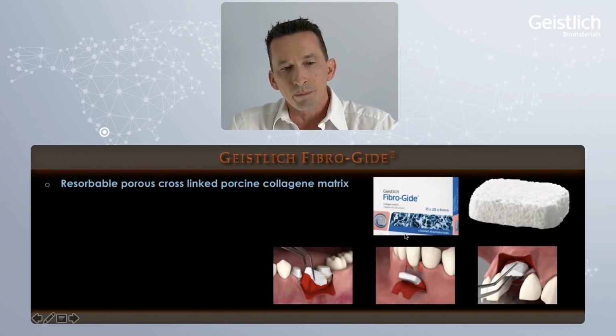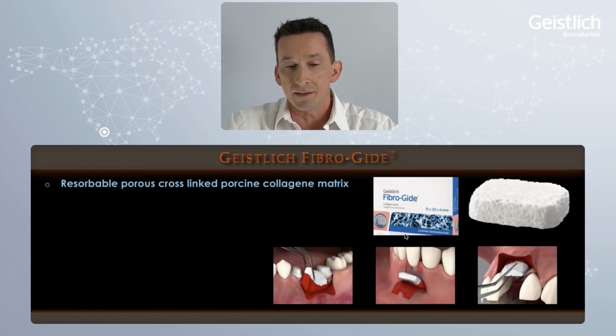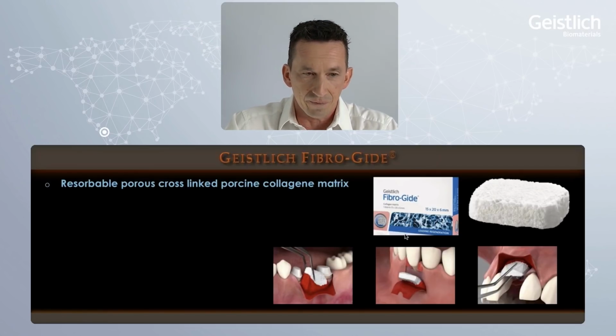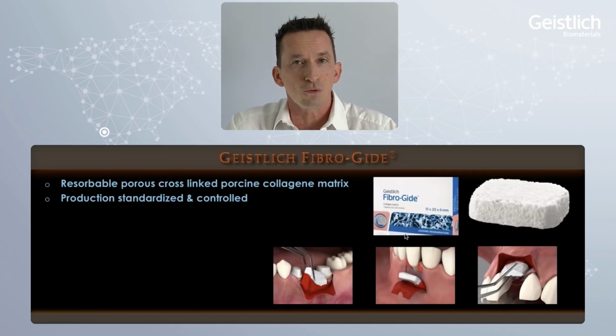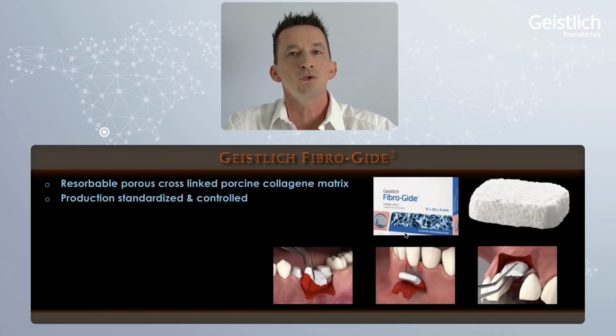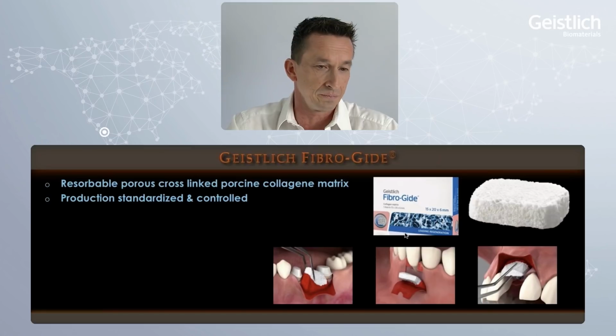It is a resorbable, porous, cross-linked porcine collagen matrix, whose production is standardized and controlled. It is not a skin of an animal. It is a really produced collagen matrix, which has nothing to do with original skin at all.